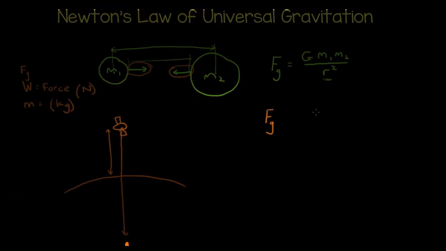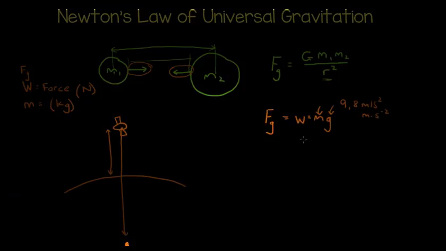Now, you've seen the equation W equals mg, where m is mass and g is gravitational acceleration, usually 9.8 meters per second squared. So that's how we can work out our weight on Earth. But what is weight?